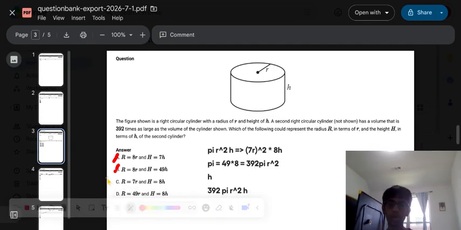Because remember, that's the constant that we need, 392. And that's how you solve this problem. I wish I could say there was an easier method to solve this, but for this one, all you can do is plug and chug until you get the right answer.